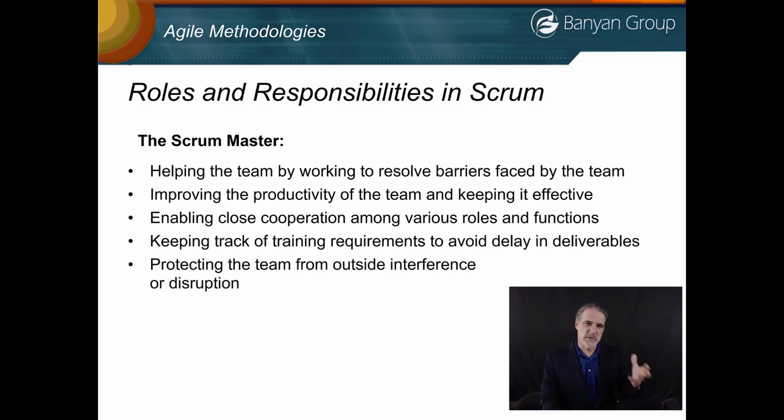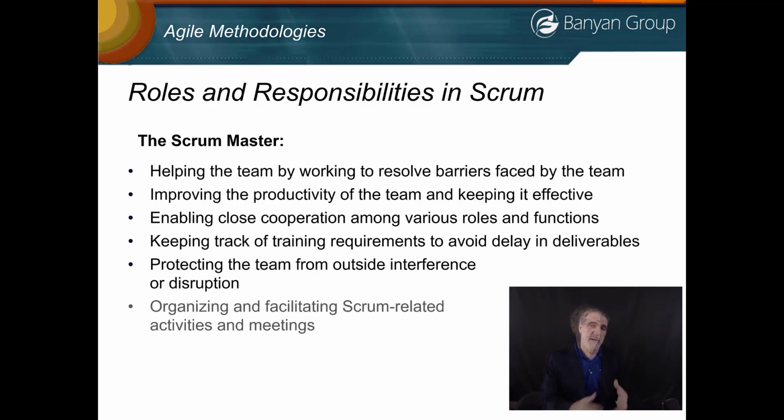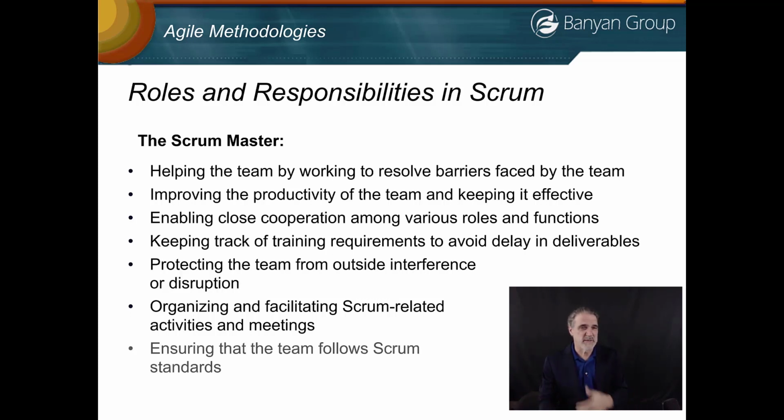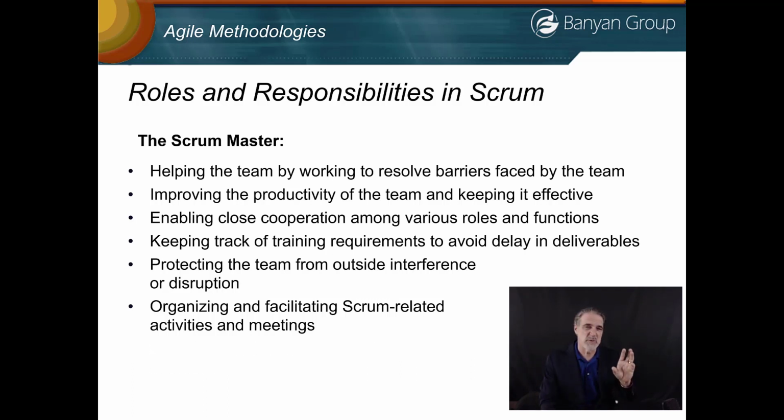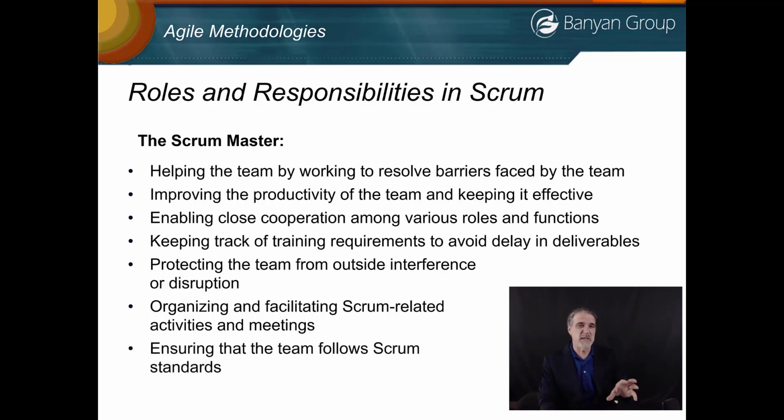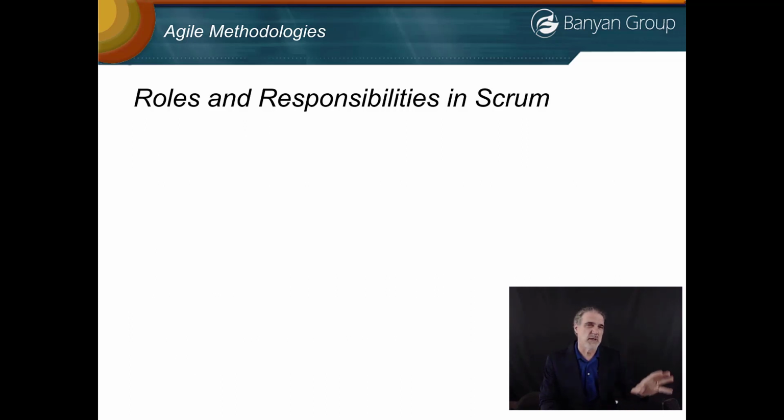The Scrum Master also protects the team from outside interference and disruption, and organizes and facilitates Scrum-related activities and meetings. So we'll talk about some of these Scrum activities and meetings a little bit later, but the Scrum Master is responsible to coach the team and facilitate the meetings. The Scrum Master is responsible to not only facilitate these meetings, but ensure that the team follows good Scrum standards.